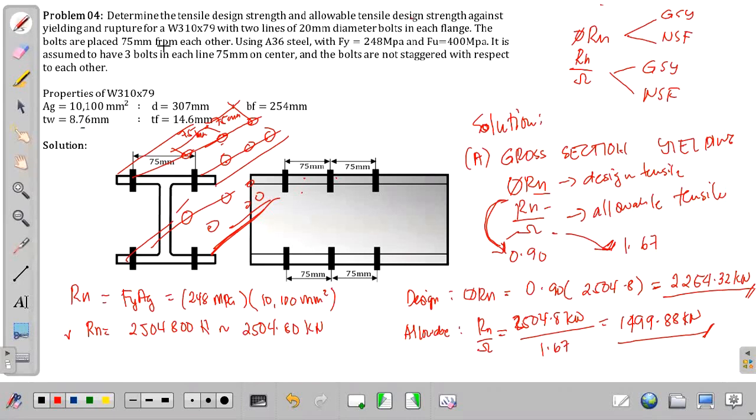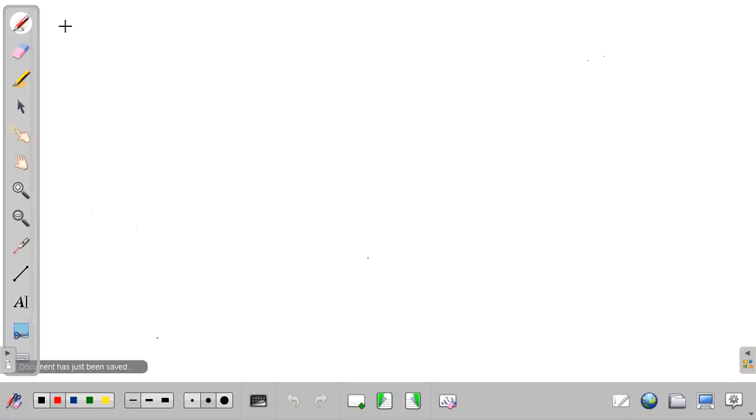So at the same time, we need to determine the design and allowable tensile strength against rupture. Okay. So for letter B, we have against the net section fracture or rupture.